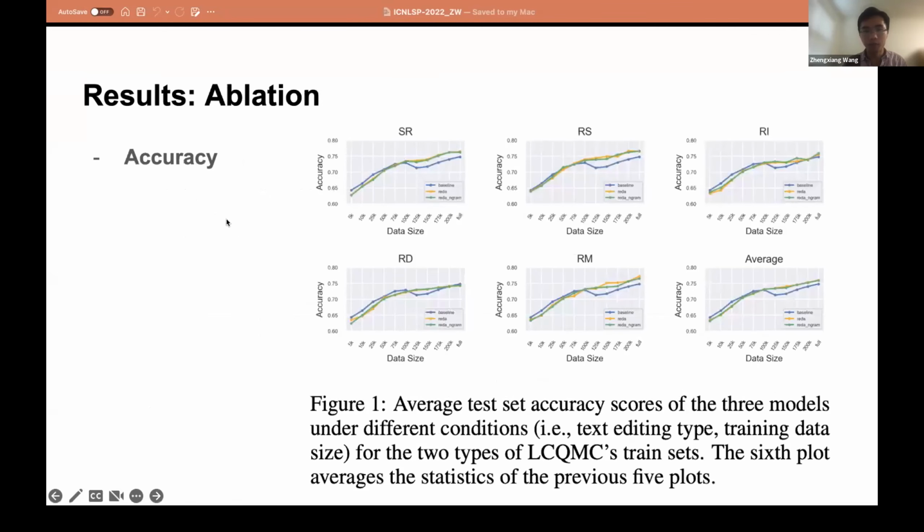Also, to validate that, I also conducted ablation experiments, only applying each single text editing operation. But it turns out that the pattern remains.